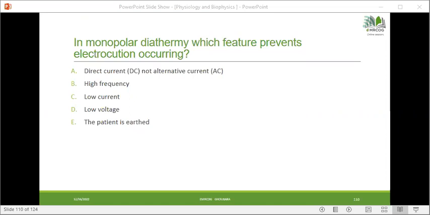Any electric machine in our house or anywhere should have earthing, so that we are not electrocuted or do not get an electric shock when we touch it. It should be insulated or earthed. The patient is not earthed. In monopolar diathermy, guys, the patient is a part of the circuit.